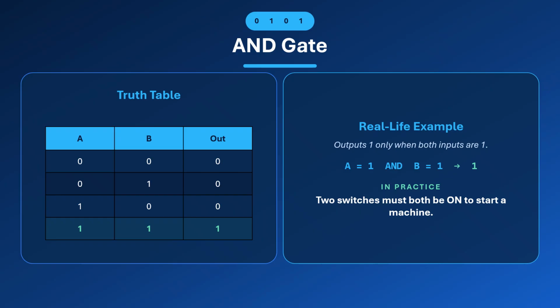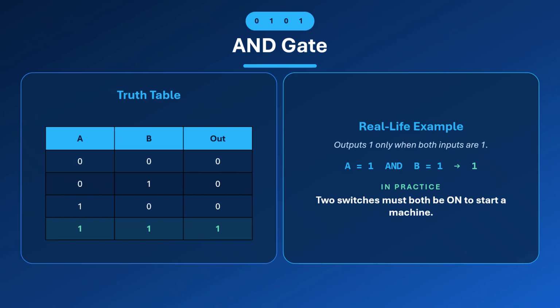And if any of these two conditions is false, then output is 0. Real life example: output is 1 only when both inputs are 1. A equal to 1 and B equal to 1 gives output 1.